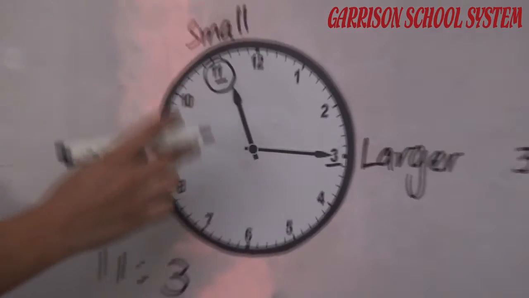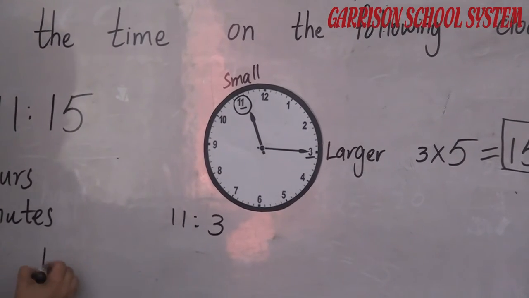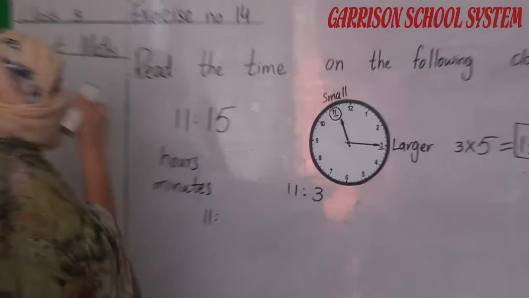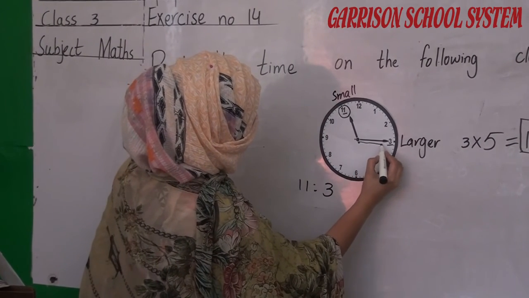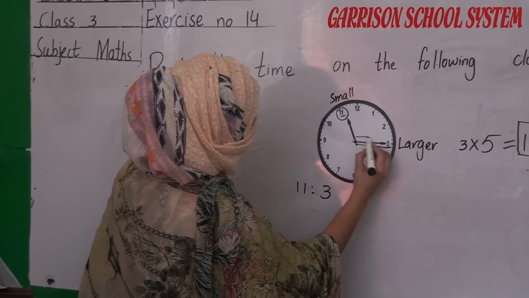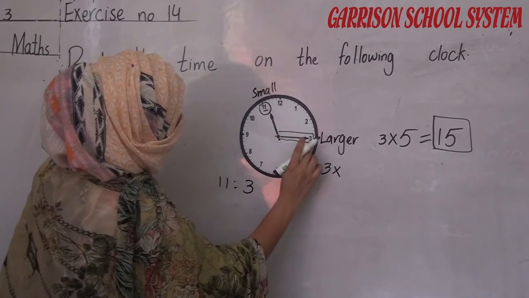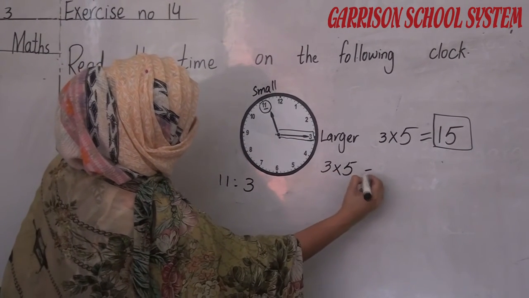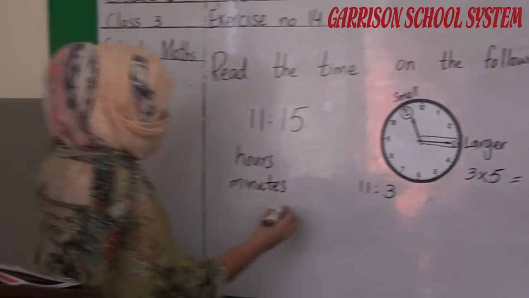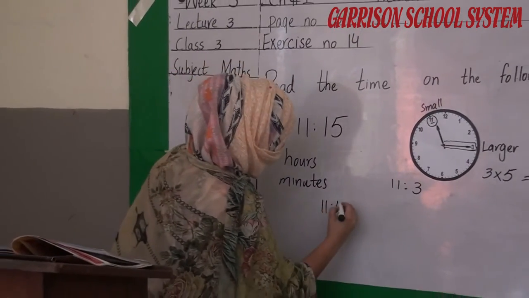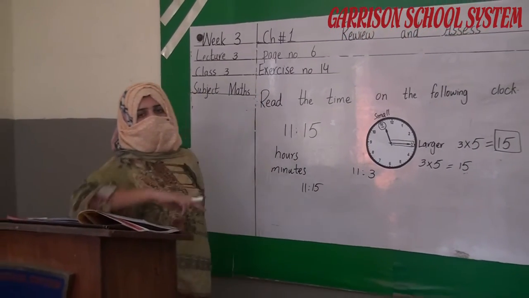So the hour of the day is 11. Now look at the larger hand. Larger hand is pointing the number 3. So we have to multiply this number 3 by the table of 5. 3 5s are 15. So we'll get 15 minutes. The time is 11 hours 15 minutes.